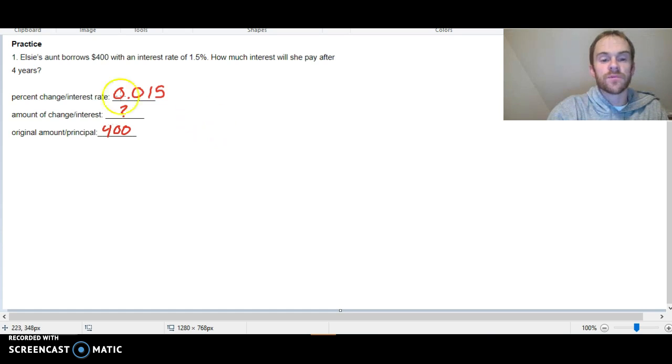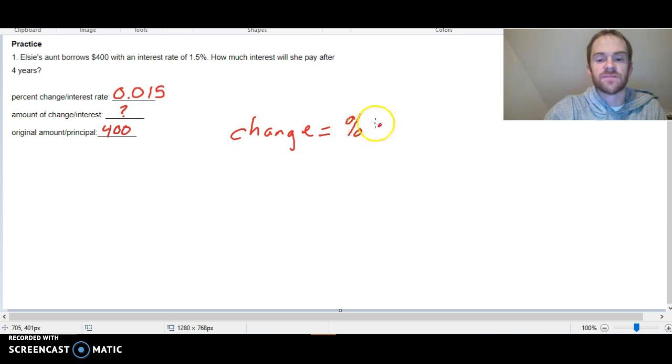So we remember my equations, and I'm trying to find the amount of change, or my interest. So change is equal to my percentage multiplied by my starting amount.